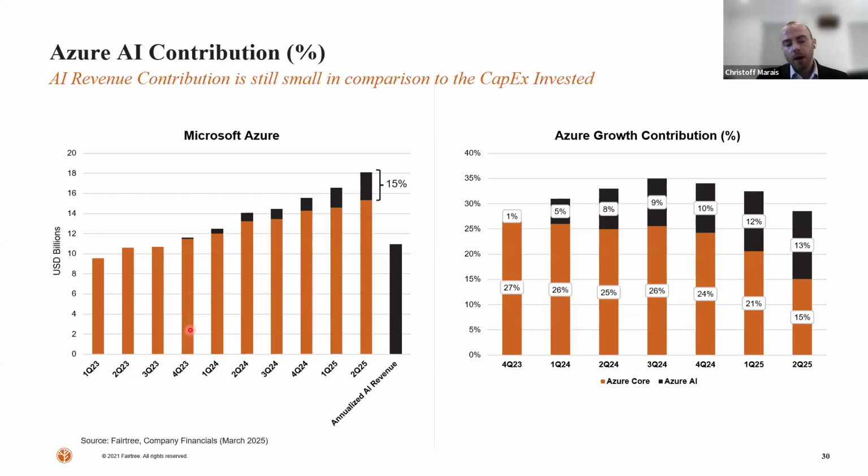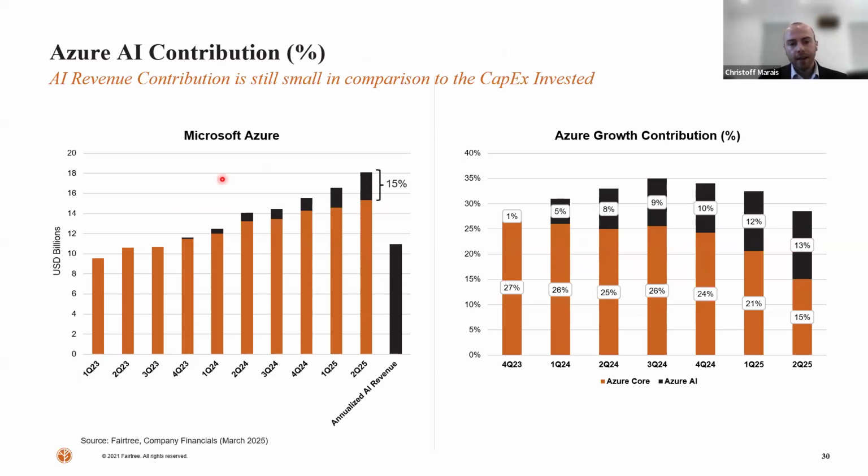So what do we know from the hyperscalers about the revenue they're generating from AI models? Not a lot. The only company that discloses data on that is Microsoft Azure. They've split out the Azure growth coming from AI services versus the core Azure enterprise revenue.